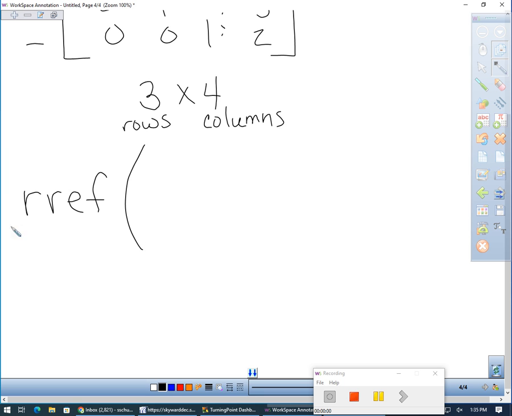So to find this, here are the buttons. You're going to hit second and matrix. The matrix button, if you see a matrix, it's on the x to the negative 1. Okay? And you're going to scroll. So you got second matrix. I need you to push over to math.